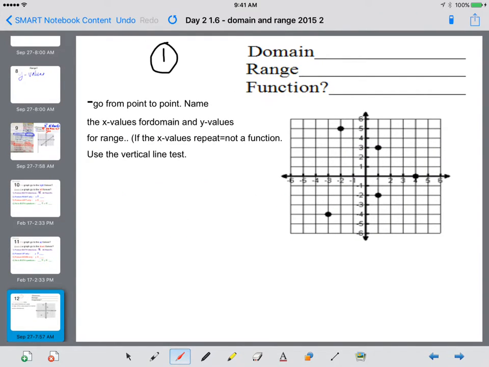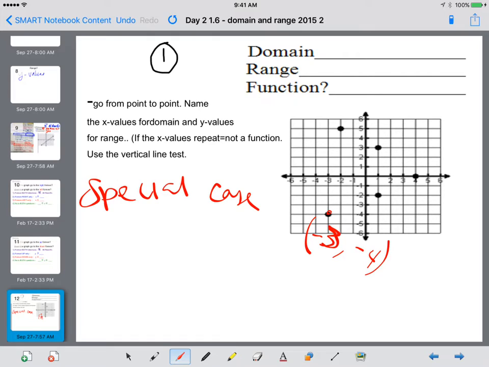We're going to go into number 1, in which this is a special case, in which we won't be using our poster because there is no graph that extends. There are no lines in here, there's just points. So all we need to do is to go to each point. For instance, this point has an x value of -3 and a y value of -4.